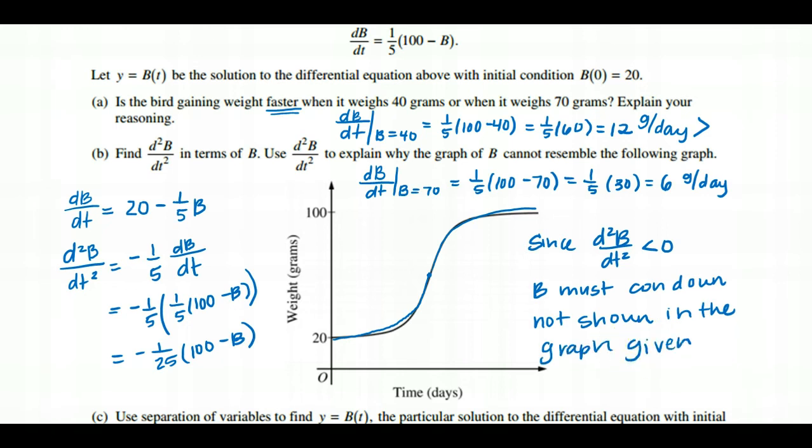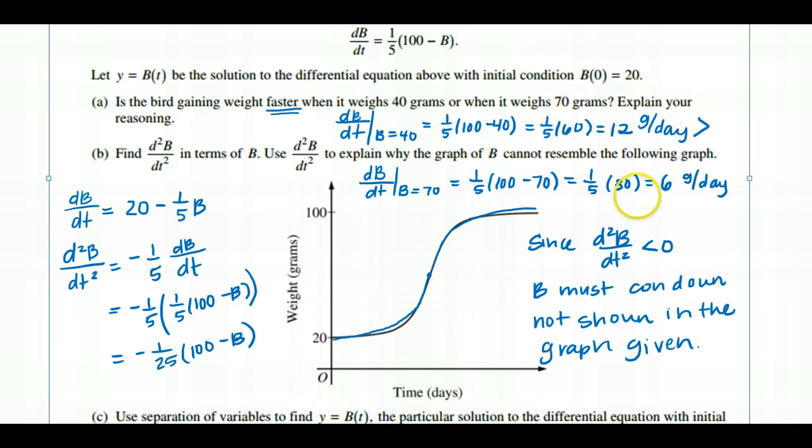So the wording doesn't have to be exact, but some reference to the second derivative being negative, forcing the original function to be concave down, is the argument as to why this graph shown is not the graph of the original function b that tells about the baby bird's weight at any particular time.